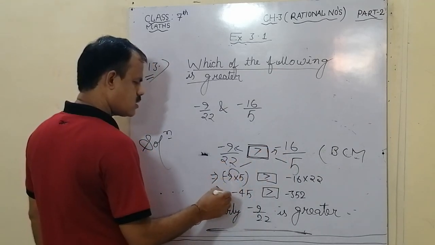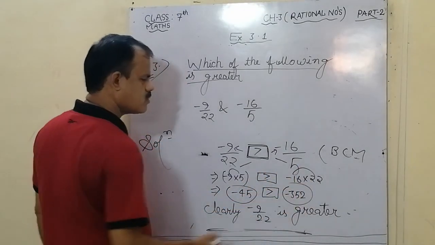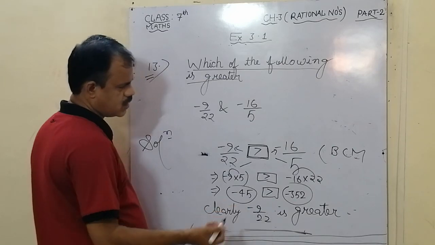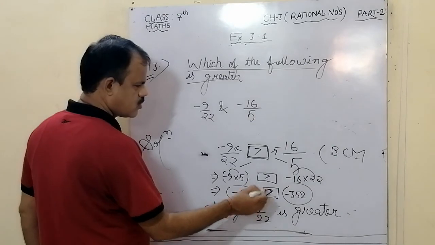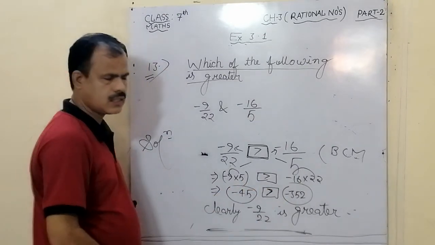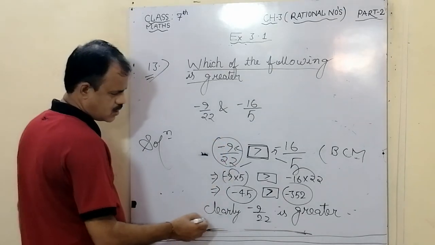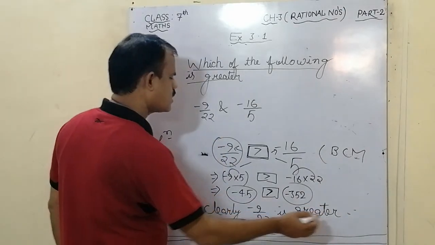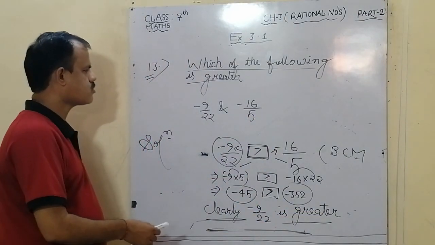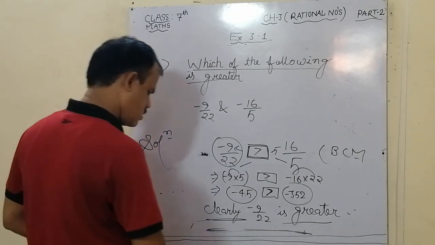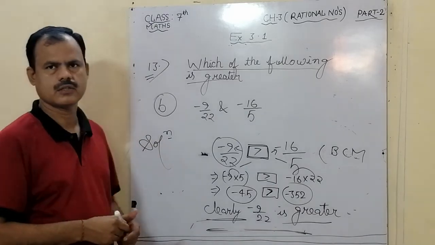Multiplying this, it becomes minus 45, and multiplying this, it becomes minus 352. So clearly minus 45 is greater than minus 352. So the LHS side is greater than the RHS side. The LHS side number is minus 9 by 22. Clearly minus 9 by 22 is greater than minus 16 by 5. In this way you have to solve the remaining part, and this is B part. You have to solve A and C part like that.